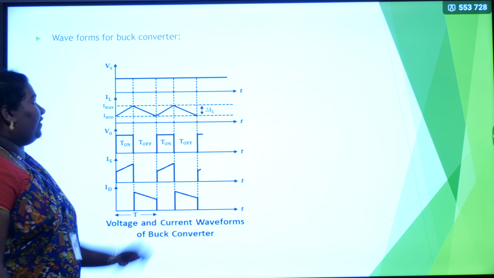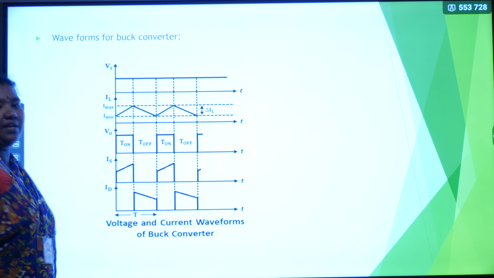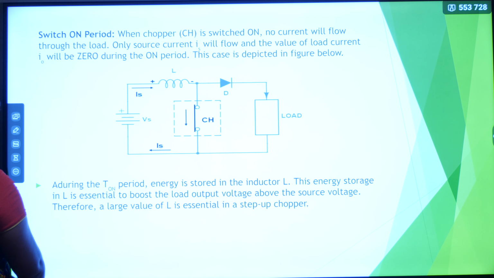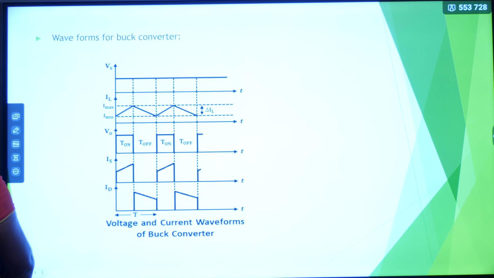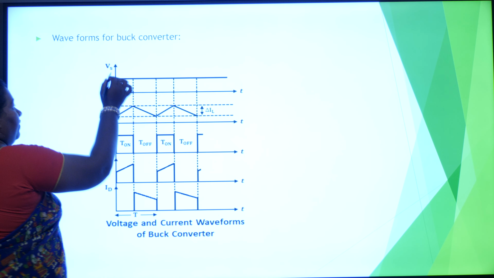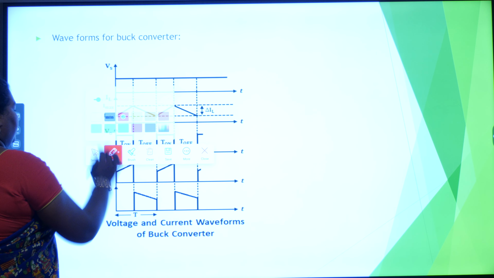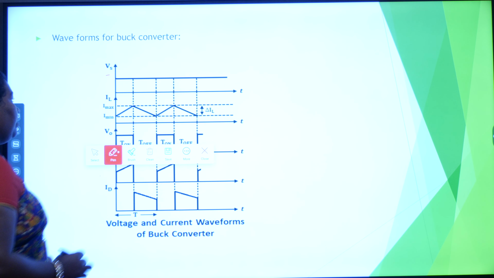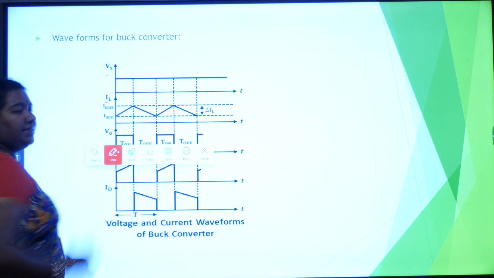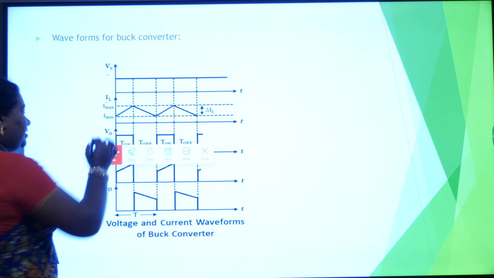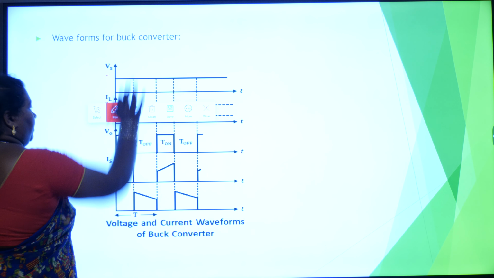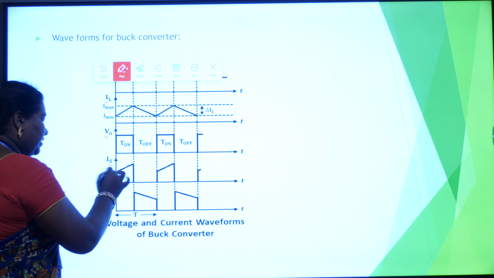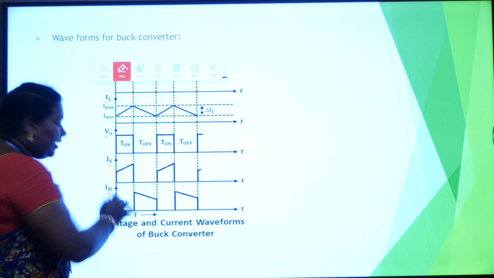So this is the waveform. Here different values have been taken. Vs is the supply voltage or source voltage, IL is the inductor current, V0 is the output voltage, Is is the source current, and ID is the diode current.